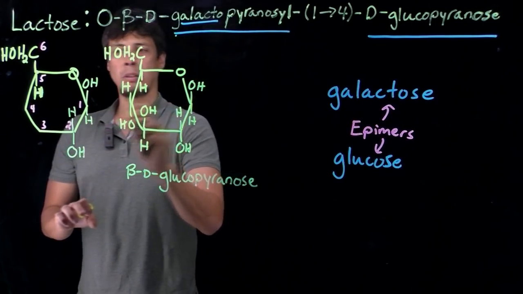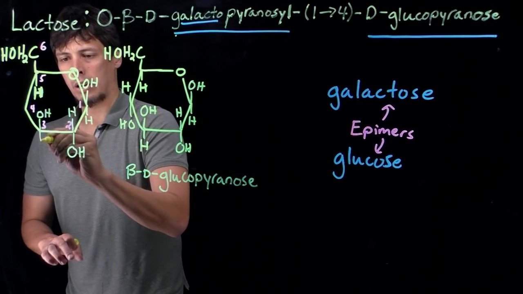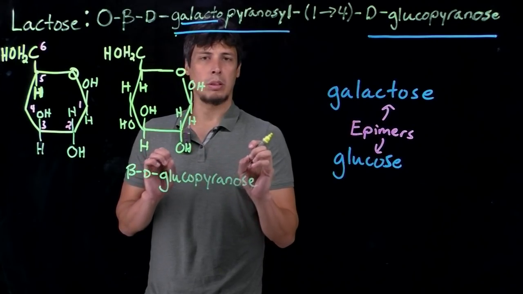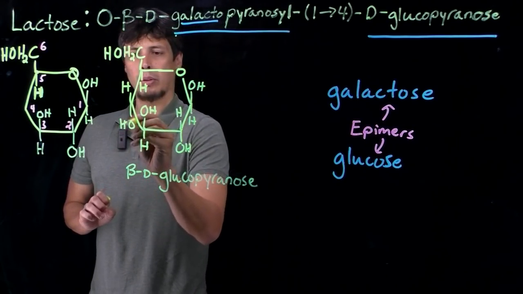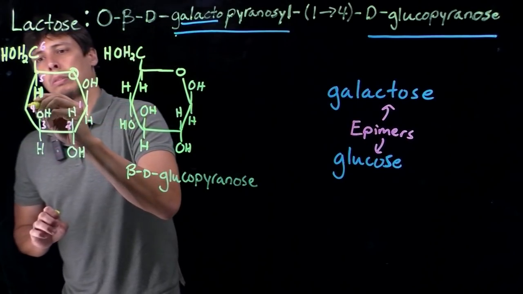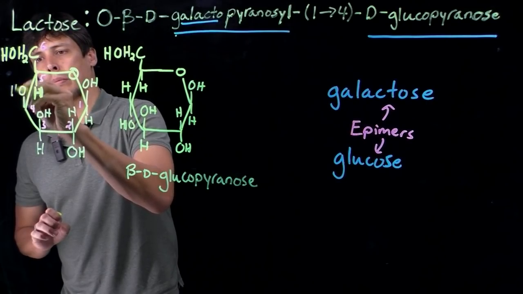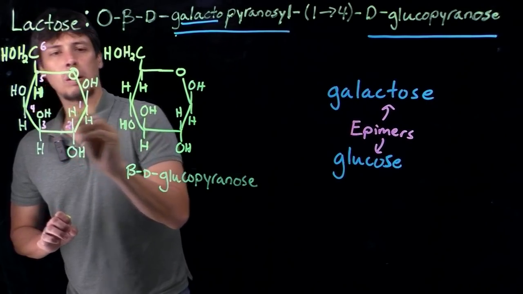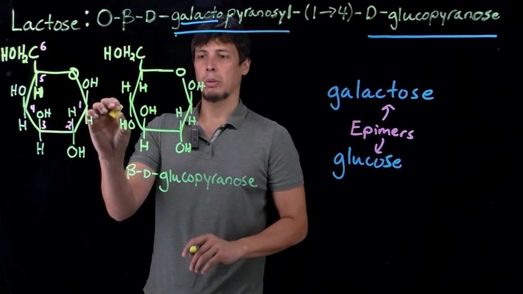On the 3 carbon, OH is up and the hydrogen is down. And now galactose is the epimer at the 4 position. On glucose, the OH is down, which means for galactose, the OH is up. These are epimers of each other because they're different at the 4 position.